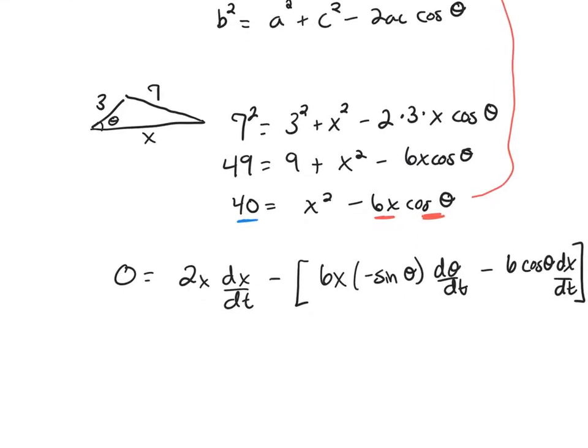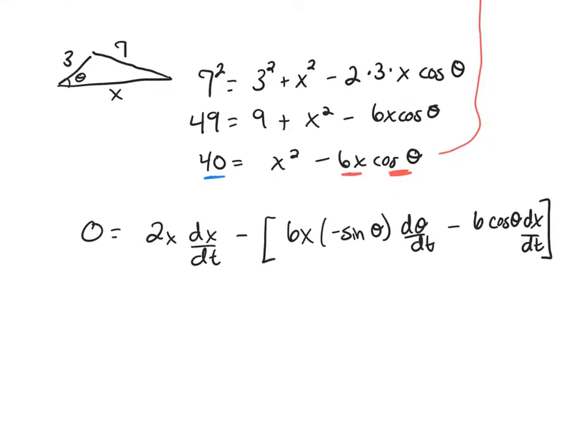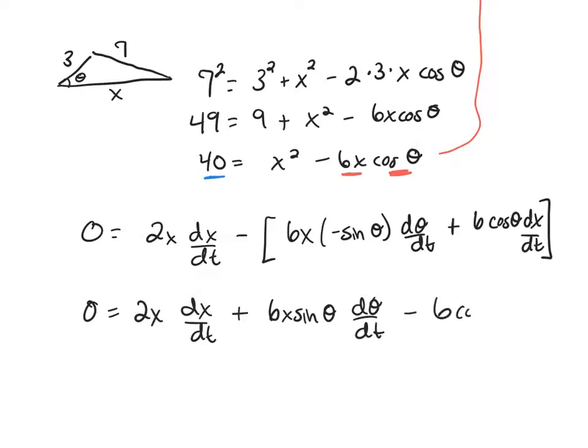Okay, so let's simplify. Let's distribute our minus sign. It'll be a positive 6x sine theta d theta dt, and oh sorry, that should have been a plus back here, and it'll become a minus now, minus 6 cosine theta dx dt.